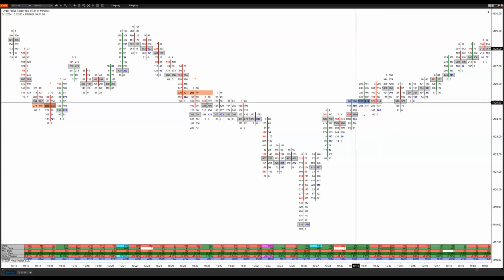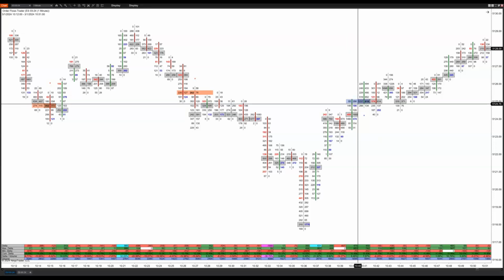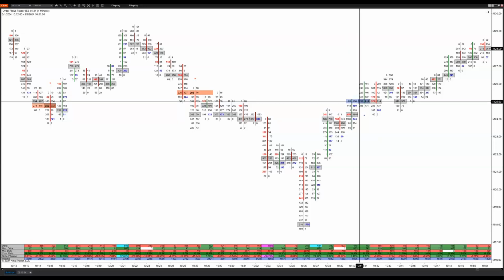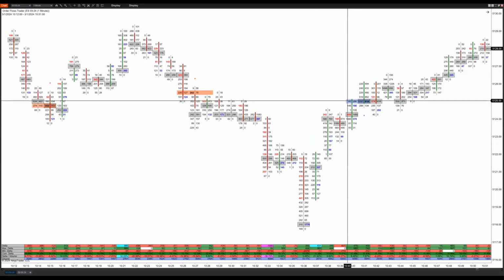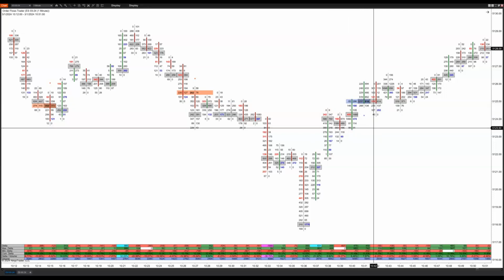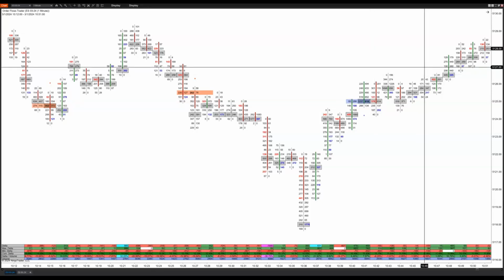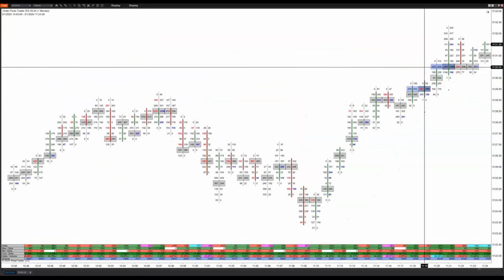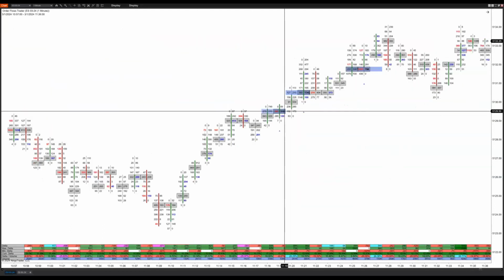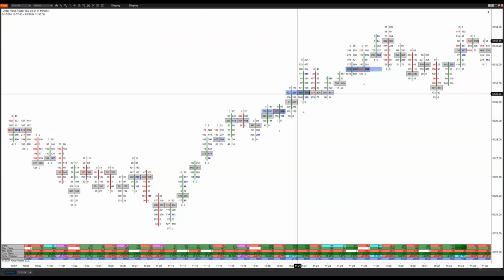Some traders will see liquidity coming in here at 25 and think I've got to get short. But what happens when the market eats through that liquidity at 25? It's probably going higher. It's going to look for the next area of liquidity.